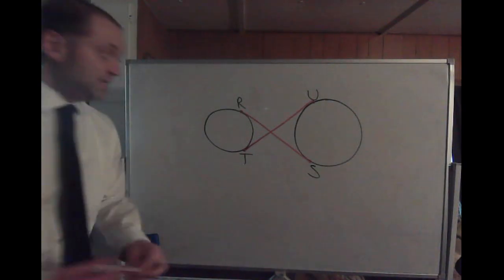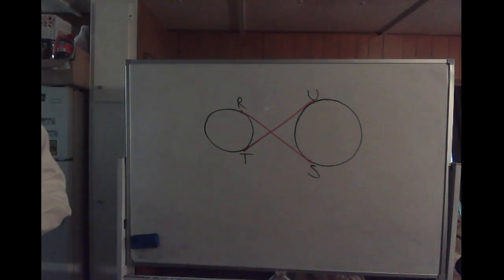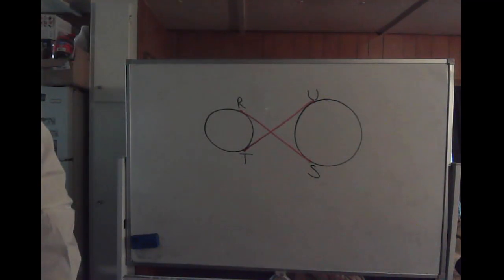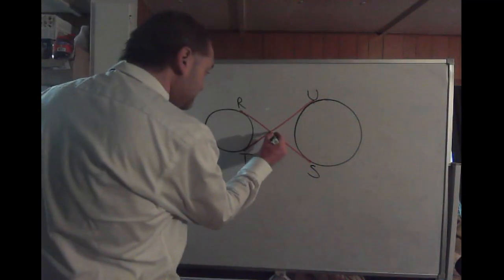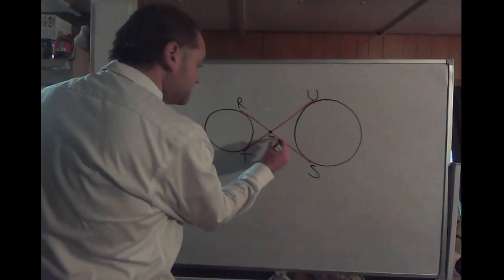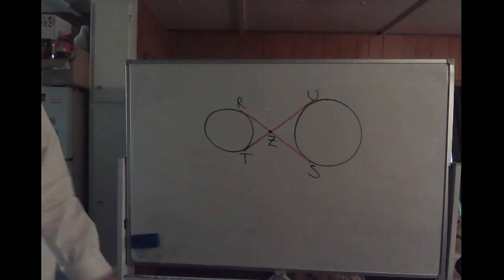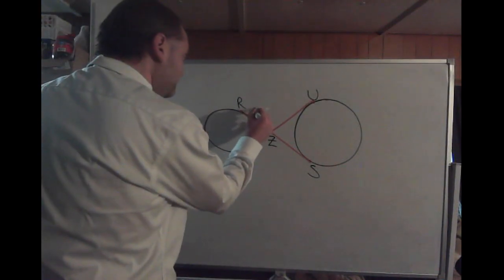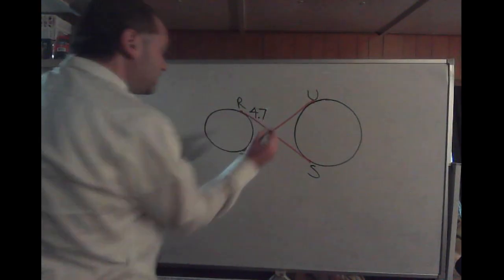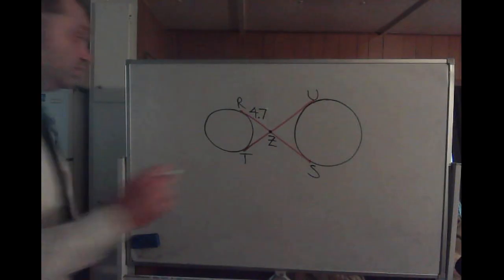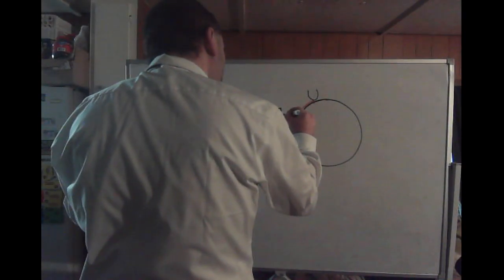What do they give us? They intersect at point Z. They gave us that RZ has a length of 4.7. Then they give us that ZU has a length of 7.3.